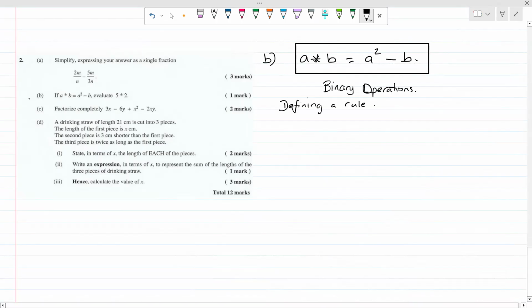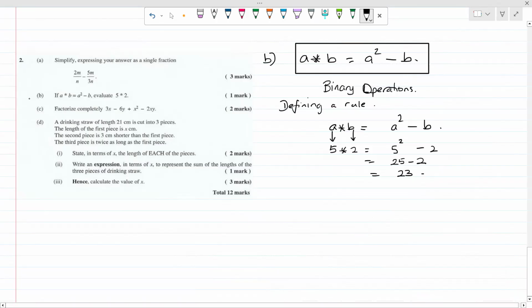The rule we define is that anytime we see A star B, we're going to take the value of A, square it, and minus B. So if I have 5 star 2, the 5 is my A, so we're going to say 5 squared. The B is my 2, minus 2. So I'm getting 25 minus 2 to give me 23.